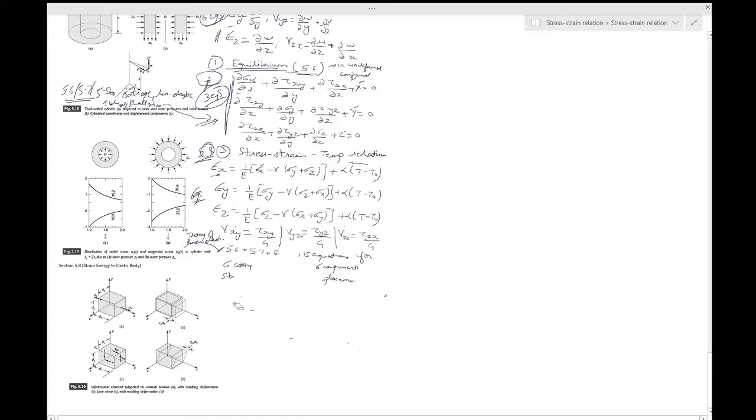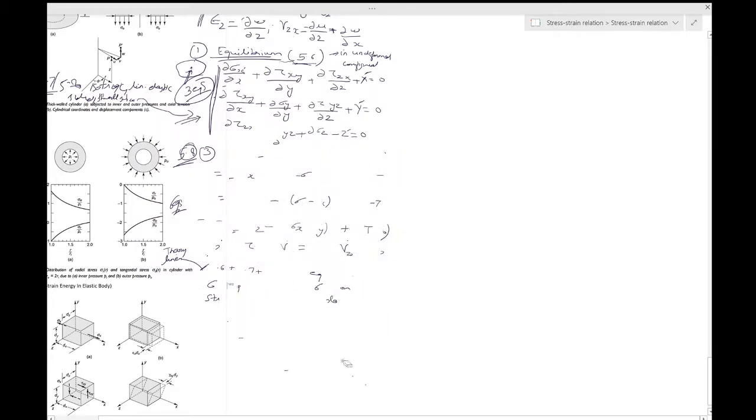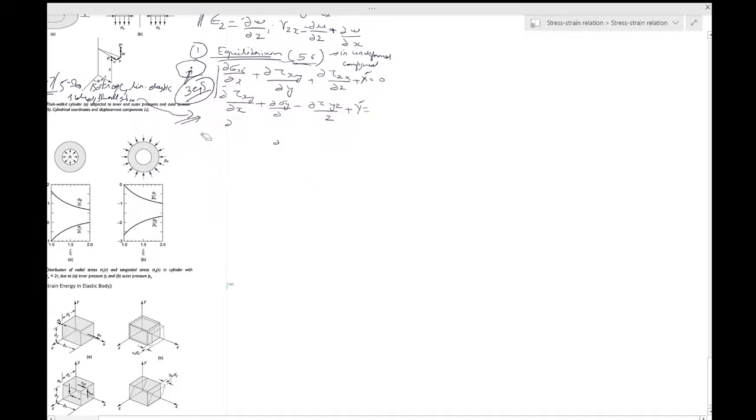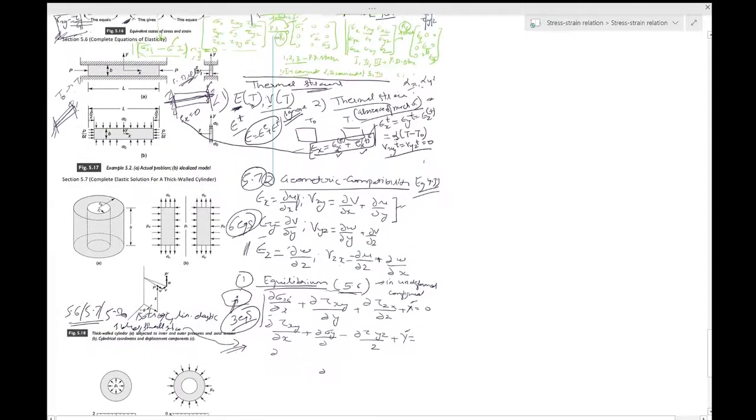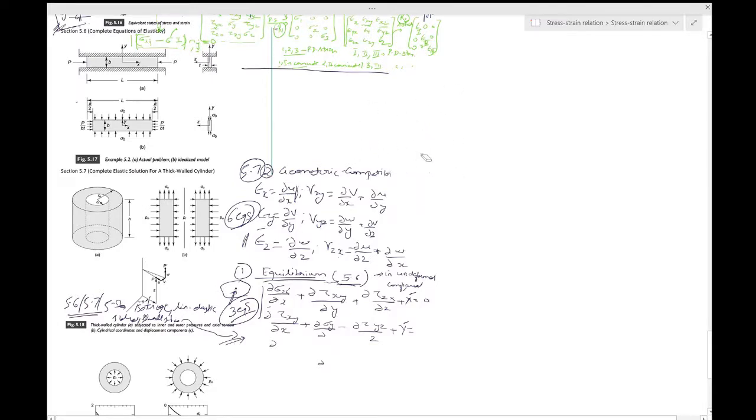So we refer to example 5.2. I'm not removing the green pen part because I don't think that's there anywhere in the book.